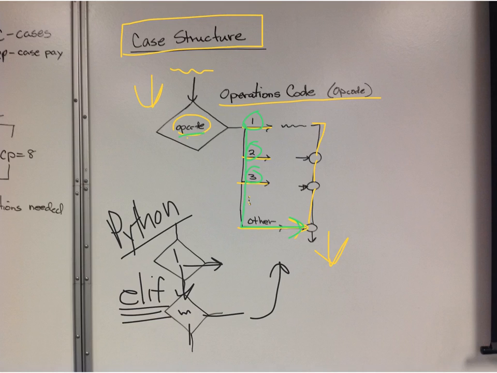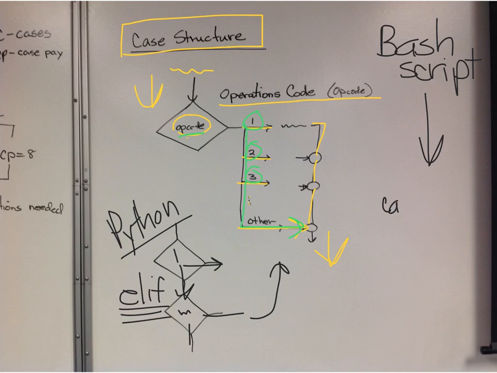I did a bash script example, and I think it's called something like case underscore, I think assignment 6 or something. I put that in the group directory so you can take a look at it. We're not going to do any of this work in bash, but it would be a good example to go look at.